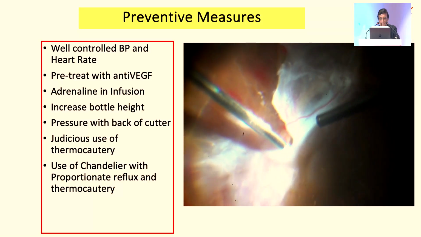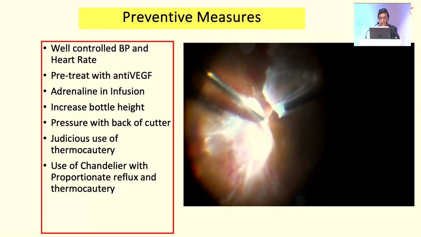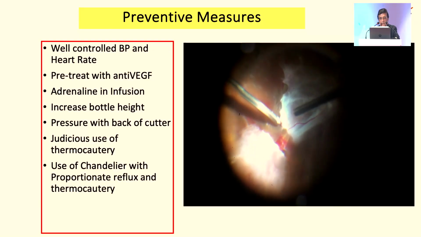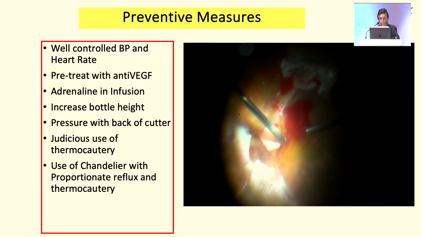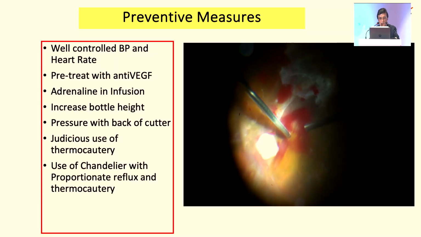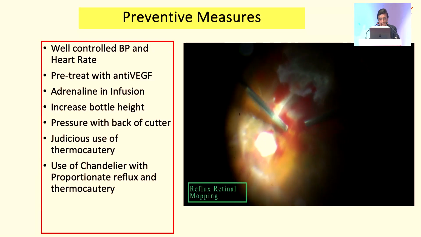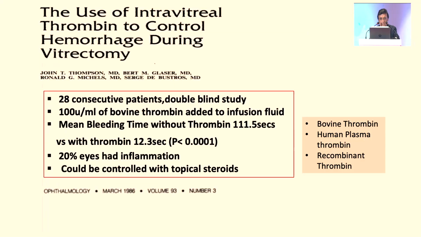We create a path where we have identified the place to dissect these membranes, and once we dissect them out, if there is a hemorrhage on the retinal surface, it's better to mop it off rapidly, remove it before it forms a membrane. So in case you have a simultaneous chandelier illumination on, then this can also be done in a bimanual manner.